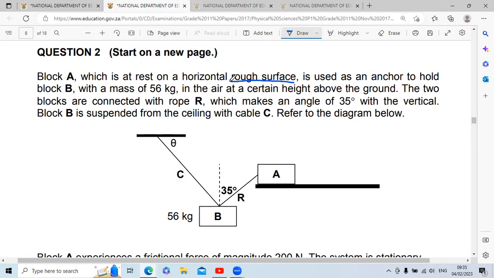And they say it is used as an anchor to hold block B, which has a mass of 56 kilograms, in the air at a certain height above the ground. The two blocks are connected with rope R, which makes an angle of 35 degrees with the vertical, and block B is suspended from the ceiling with cable C as per the diagram below.